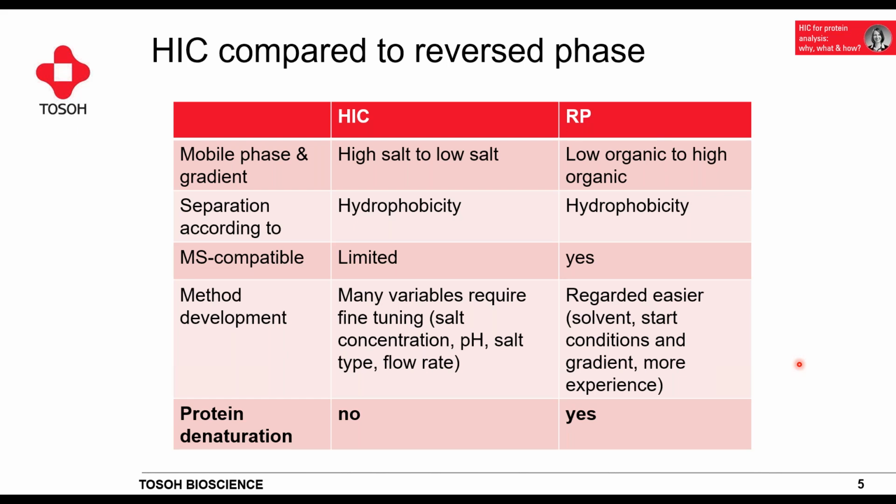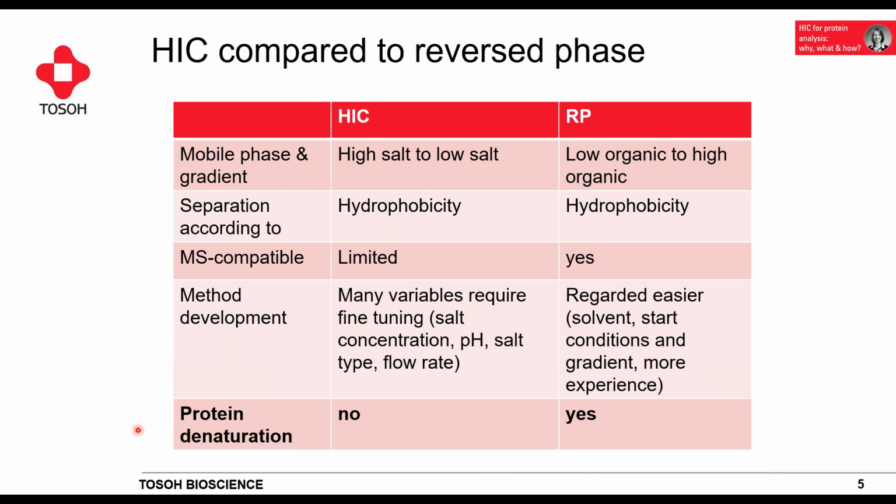There are more papers out, there's just more knowledge on how to get a good RP method, in contrast to hydrophobic interaction chromatography, where there are many variables that I need to take care of during my method development, and there's not so much expertise on HIC.